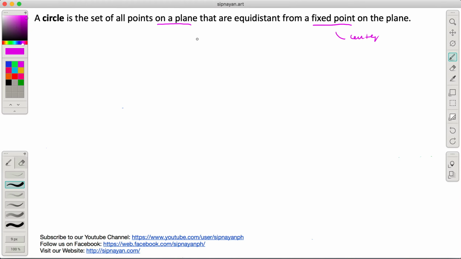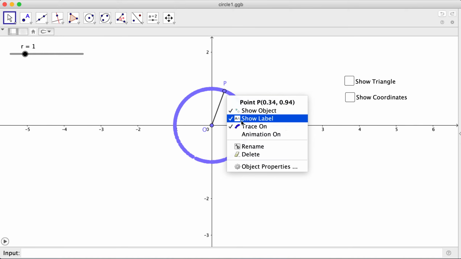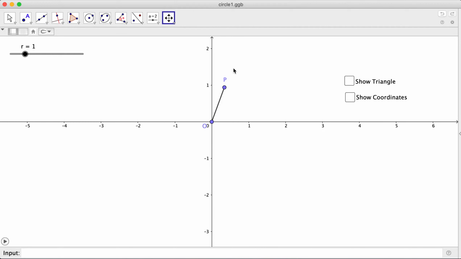Okay, now notice that if I create a triangle by dropping a perpendicular line from P to a point on the x-axis, and I name that point Q, and then connect O to Q, I have a right triangle.